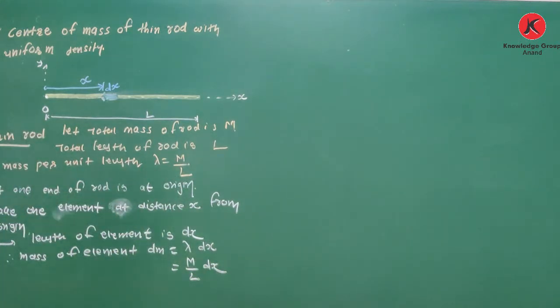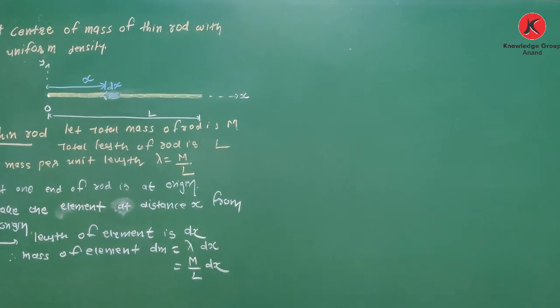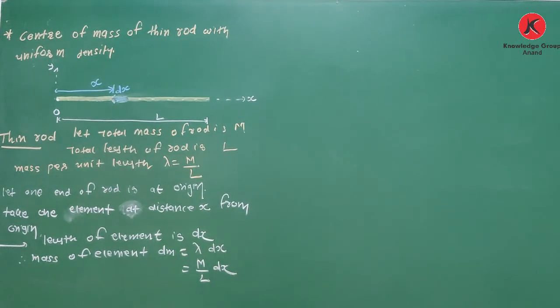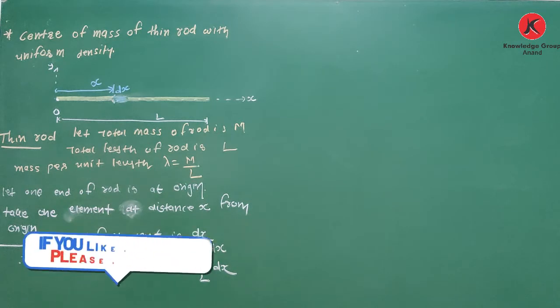Simple. So again, what is the method? First of all, divide the whole object into very small elements. Take one element at a distance x from the origin. The length of the element is dx. So the mass of the element is lambda dx, meaning m upon l dx.